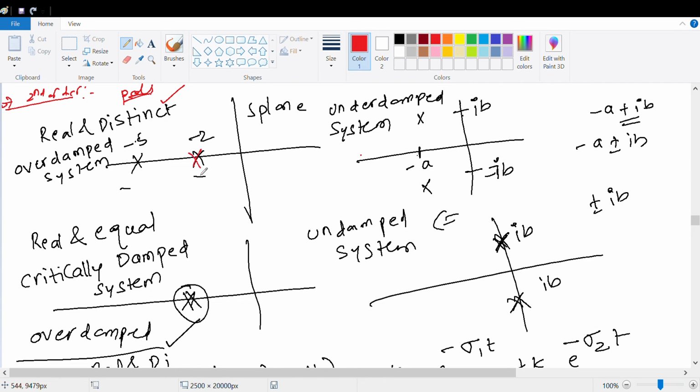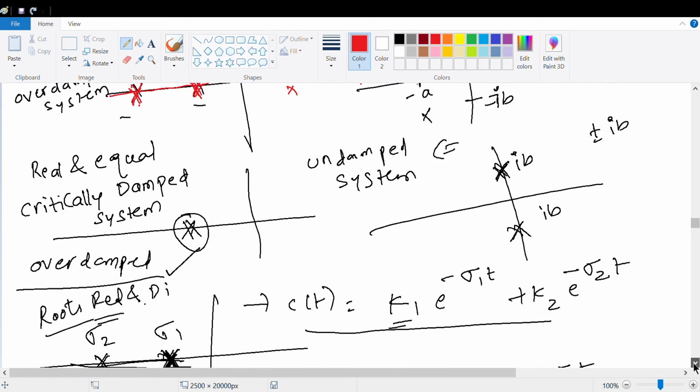If the poles are real, that means on the x-axis, this is the x-axis and this is the y-axis, and distinct, that means different poles, we call them real and distinct. If the poles are real and distinct, then the system is called an overdamped system.